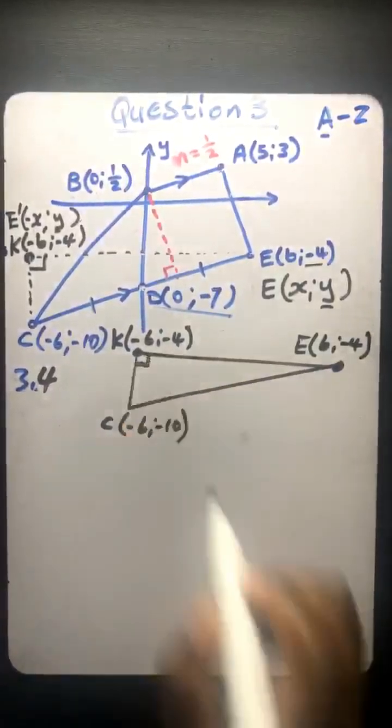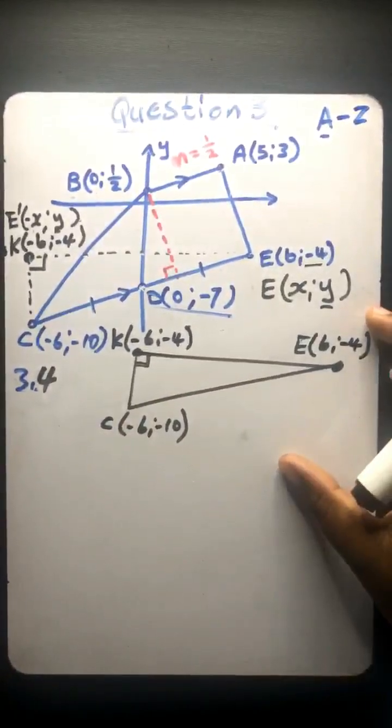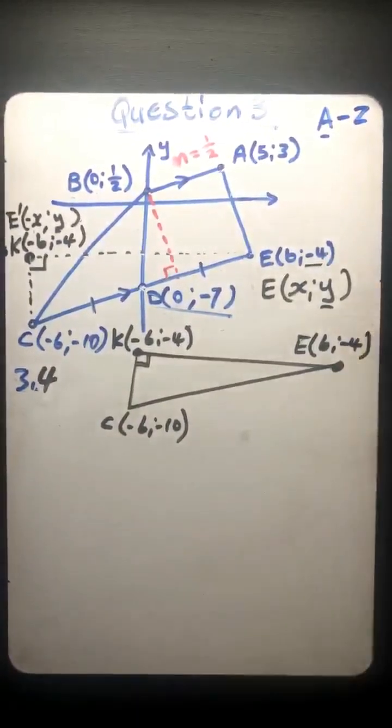Obviously it's a right-angled triangle. What I've just explained there, does it make sense, or is there someone who's got a question on that one?